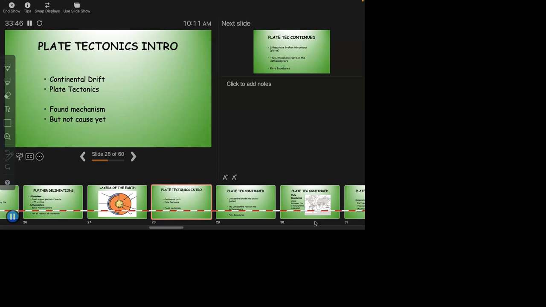And if, God forbid, we don't get to that chapter because we've spent too much time on another chapter or whatever, you're still leaving knowing the basics of plate tectonics because we've touched on it at the beginning of the semester and, again, a handful of other times. So if we don't get to it, this is your plate tectonic exposure.